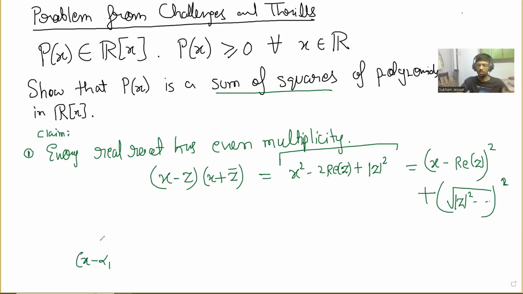So you take the even roots and collect them, and that's a square. The non-real complex roots, in pairs, form a sum of squares.